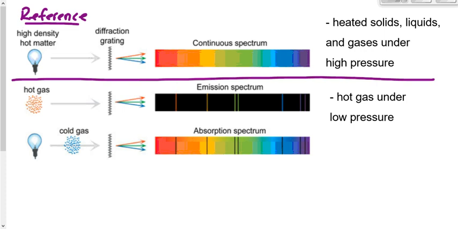This doesn't really describe anything involving electron transitions. This is just, look, you've got a hot glowing solid, or a hot glowing liquid, or a hot gas under high pressure. It will generate all types of EMR. It'll generate a continuous spectrum, all the colors of the rainbow. It looks like white light.